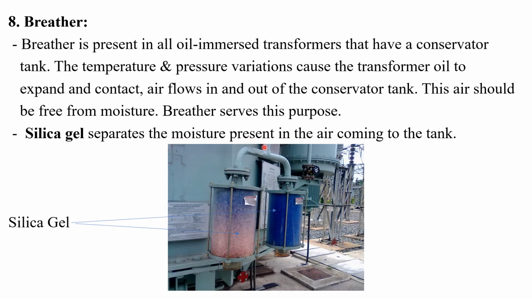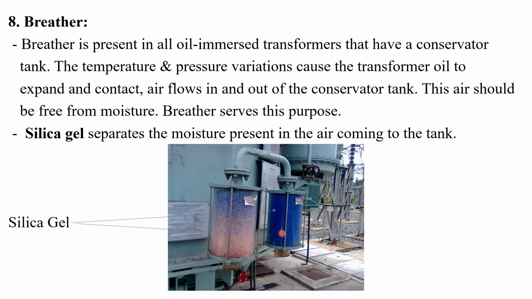Breather. They are normally present in oil immersed transformers that have a conservator. We know that when load variations occur, that may lead to the expansion of transformer oil due to the change in temperature and pressure variations.